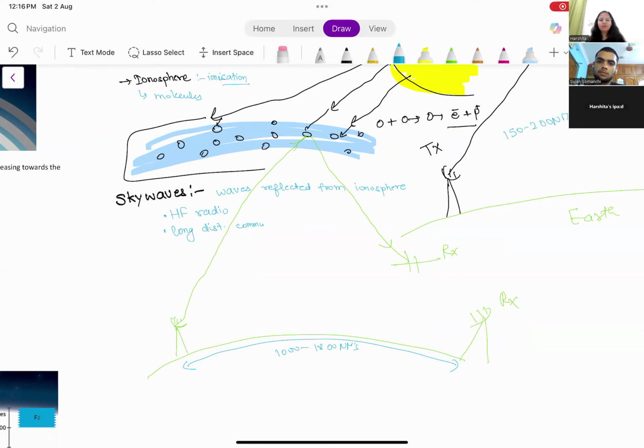If you are using the high frequency or the sky waves, do you see how much the range has increased? Almost 8 to 9 times. That's why we say that we can use it for long range communication, right?